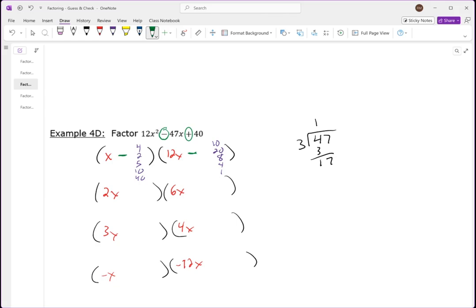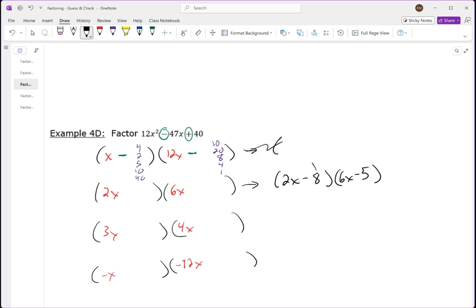But the number of guessing and checking I'm going to have to do to get this one right is a lot. So let's just pick one of these. I don't like the x and the 12x. I'm going to pick this one. So 2x and a 6x. And then let's try 8 and 5. What you'll notice is these two numbers will not add up to 47, and it's because if I multiply my first two together, I get 12x squared.